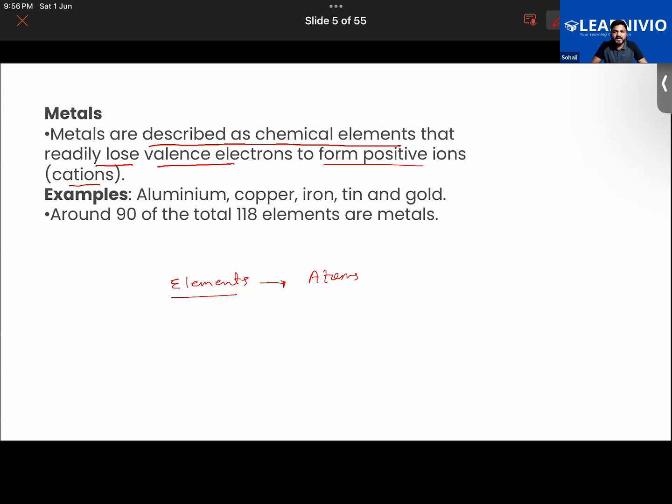But now we know that atoms are divisible, meaning that when you look inside the atom, there are going to be some subatomic particles, like protons, neutrons, and electrons.